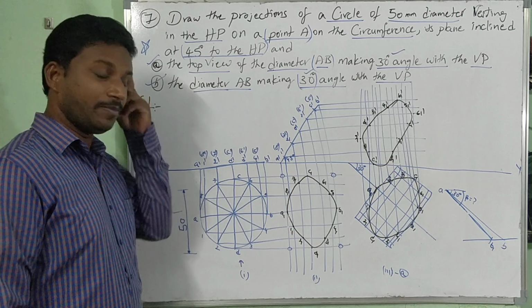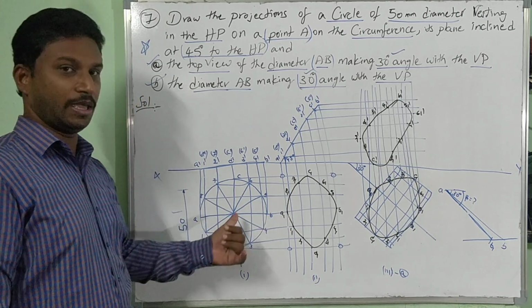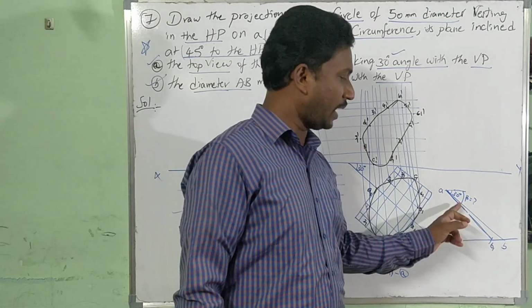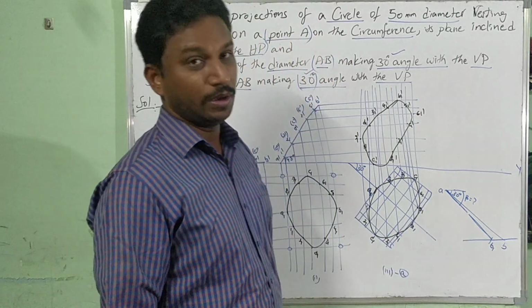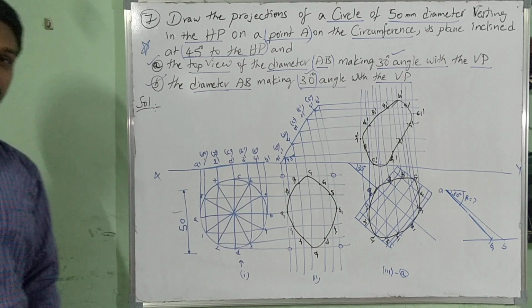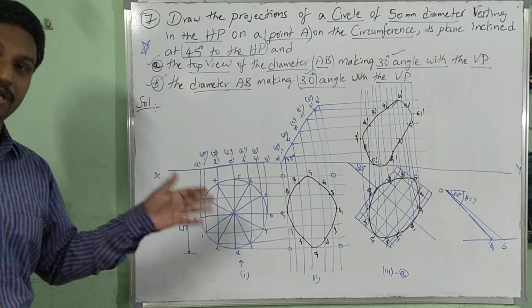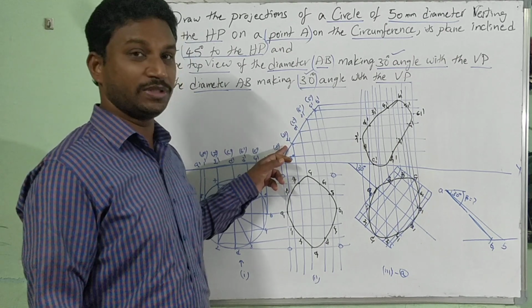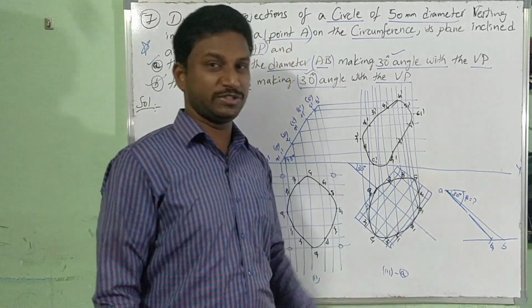Hope you understand. He is mentioning in the question diameter AB making an angle of 30 degrees. What is the diameter actually? Top view diameter AB is 50 mm. So I have taken A, B at an angle of 30 degrees. But here the diameter AB is inclined to both the planes: 45 degrees with the HP and 30 degrees with the VP.